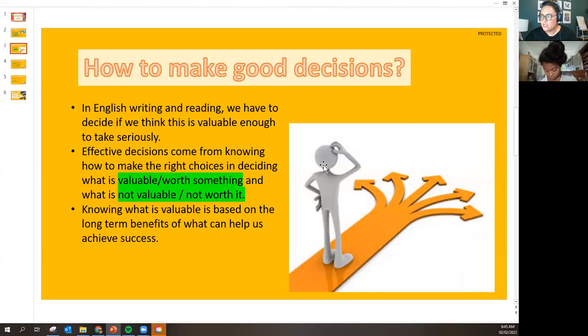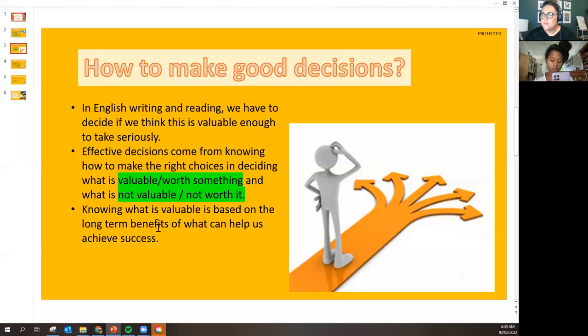So valuable is worth something, not valuable is not worth something. So like, is it worth it to go to the other side of the island? No, it's not worth it. It's too risky. That's how you could say it, or what's the outcome? Is it valuable enough for us to take the risk?